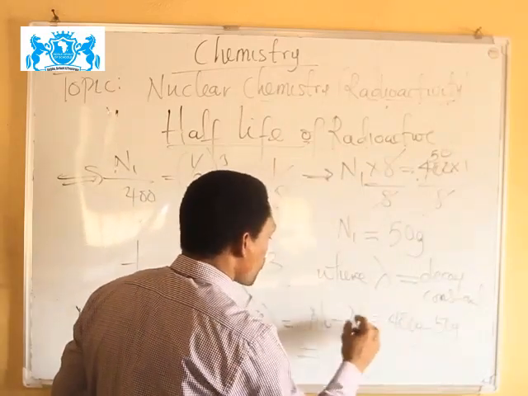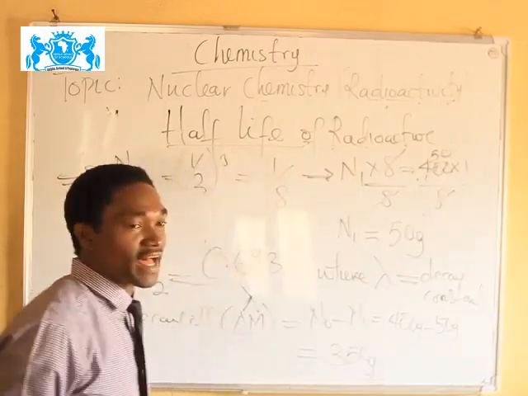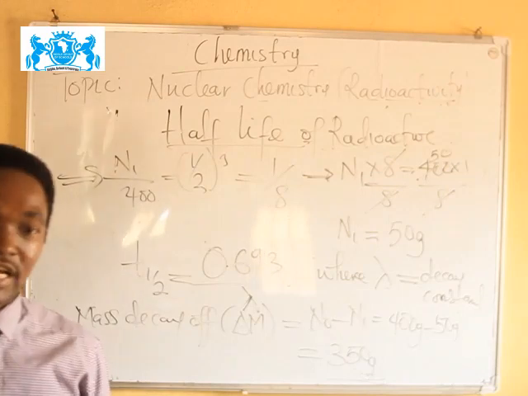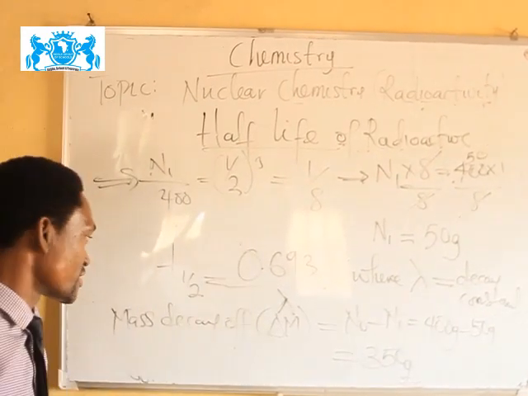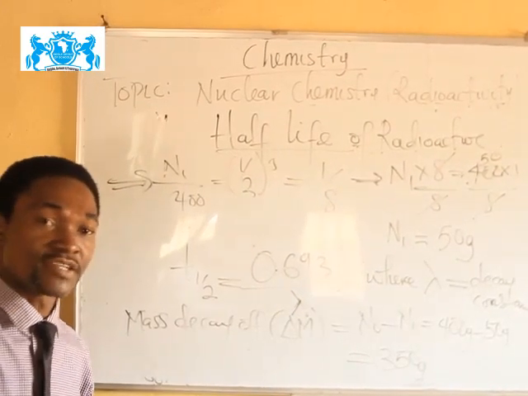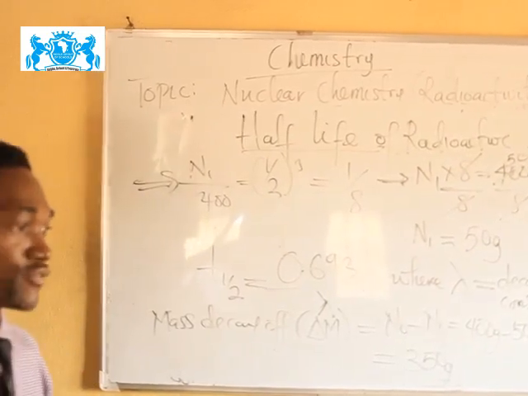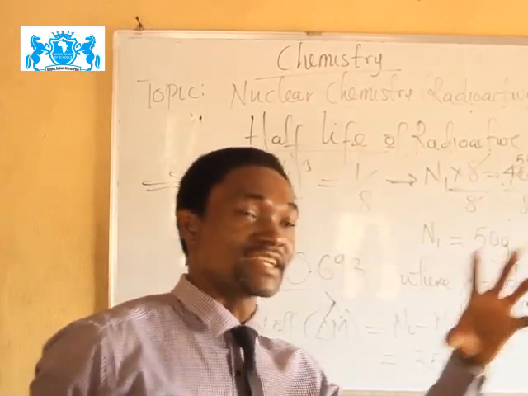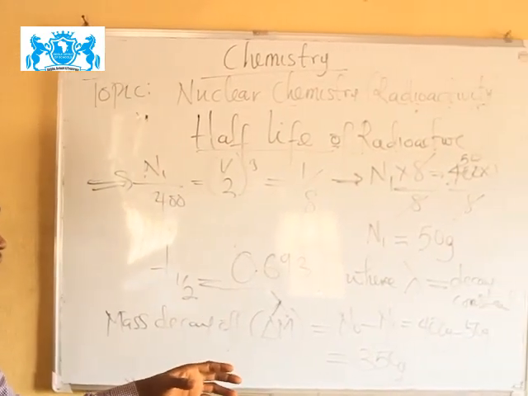So the mass decayed off, in this case, is 350 grams after the radioactivity that has spanned for 15 minutes. This represents the mass decayed off, which can also be used to calculate the bond energy or the binding energy that held the atoms and the energy that is released in form of radiation and also in form of heat.